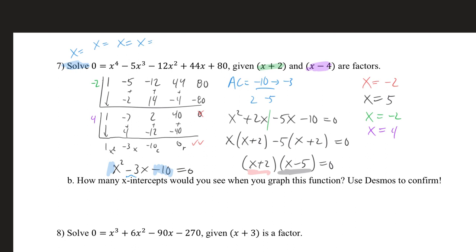It's in question B. How many x-intercepts would we expect to see? So since there's only 3 unique zeros, we'd only expect to see 3 x-intercepts. And we should see that when you go to Desmos and check it.